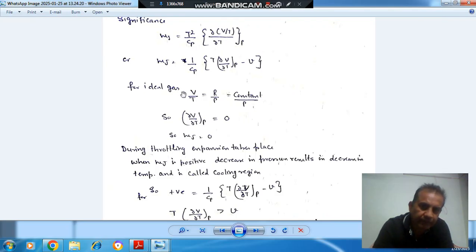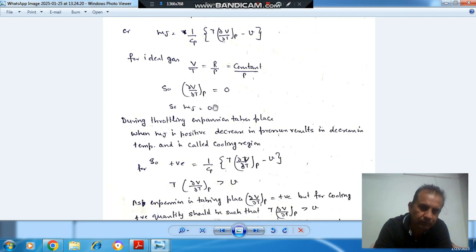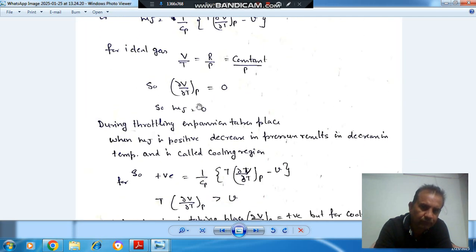If we take an ideal gas, PV is equal to RT, so V/T is equal to R/P. So (∂V/∂T) at constant P is equal to 0, because P is constant and R is constant. So μJ, the Joule-Thomson coefficient, is 0 for an ideal gas.